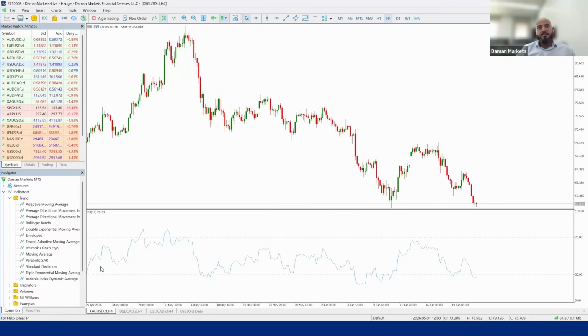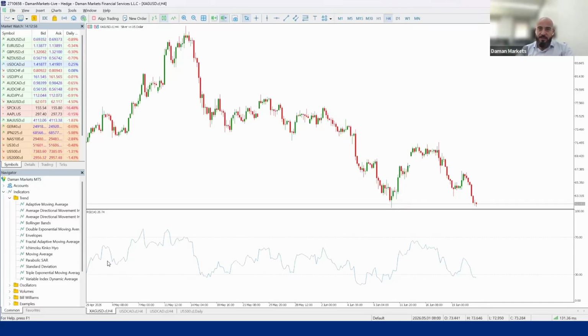So this here is the RSI, the relative strength index, which is a momentum oscillator. When it comes to momentum oscillators, they are drawn on a separate panel below the candles, below the price. They are called oscillators because, as I told you, they oscillate above and below an equilibrium level.